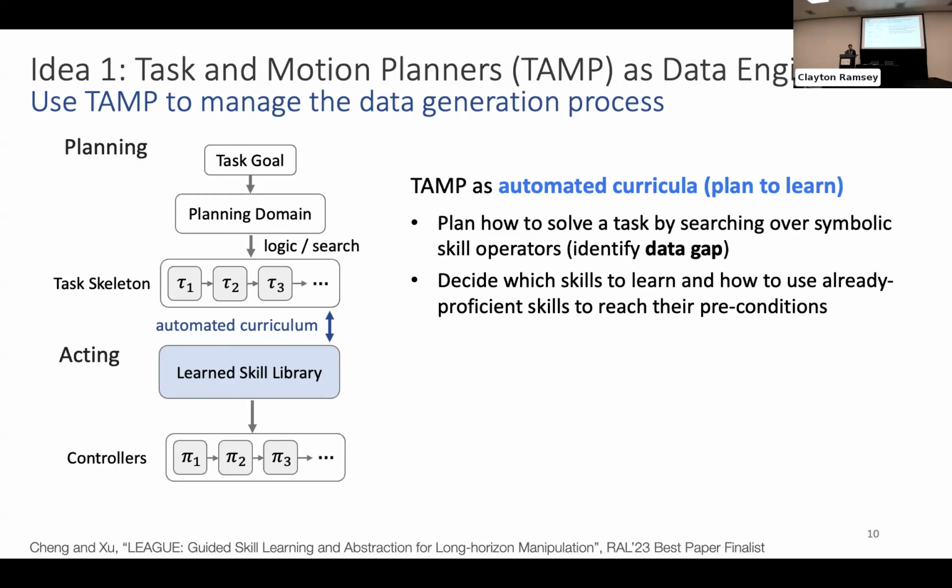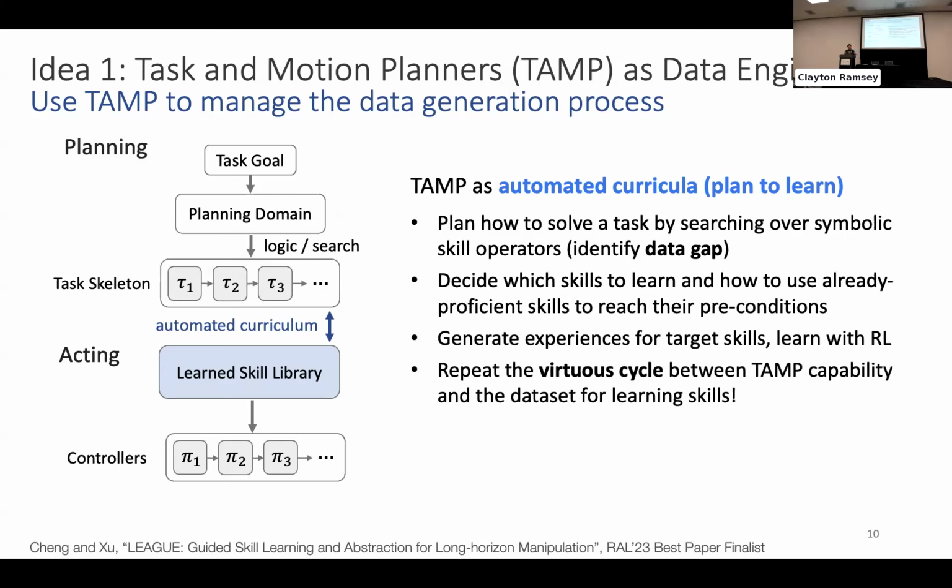And if the prerequisite skills are not competent, then we train those prerequisite skills instead. And then the robot learner generates data for training with RL or other algorithms. And we repeat, in what I call a virtuous cycle. As data is generated and skills are learned, the TAMP system is expanded, enabling it to solve more complex tasks and identify states where it needs to generate more data.